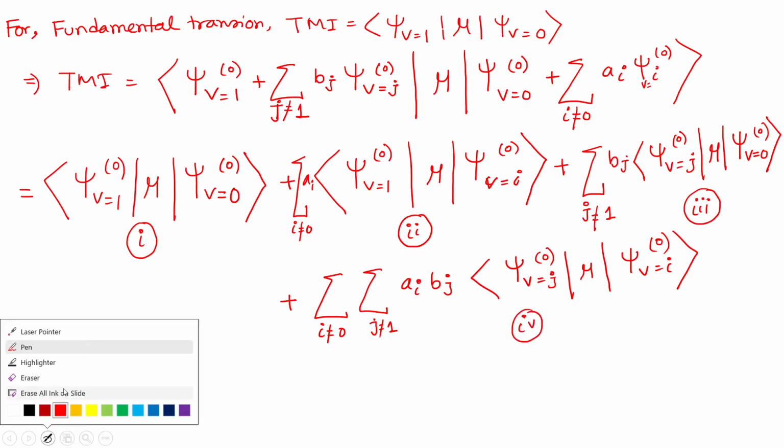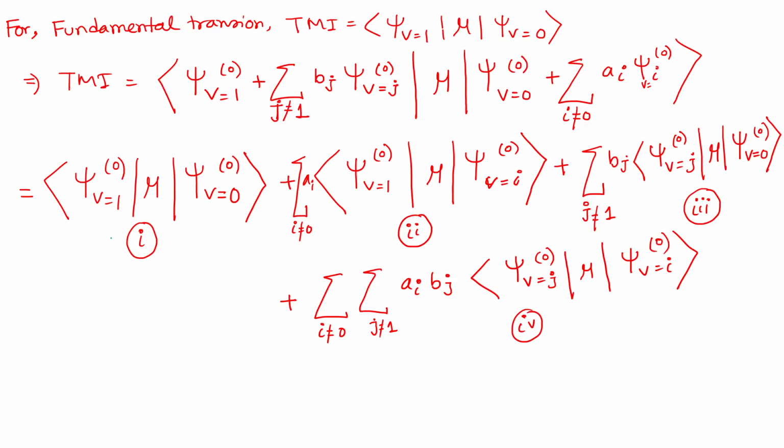Now let us discuss what you think about the first integral. For the first integral, we can think that this integral will survive, because v equal to 1 is the asymmetric part, and mu, maybe the asymmetric part is there, then v is 0. From our basic knowledge, we need to see the selection rule.